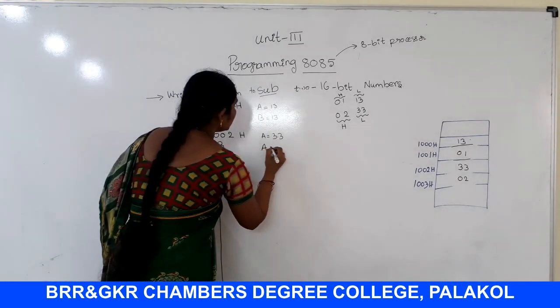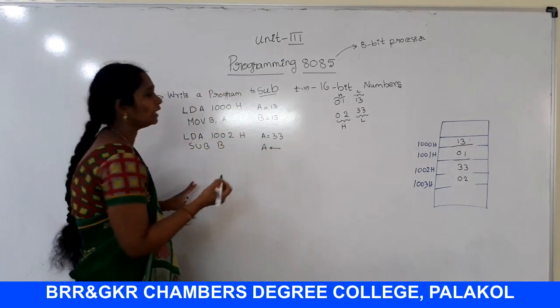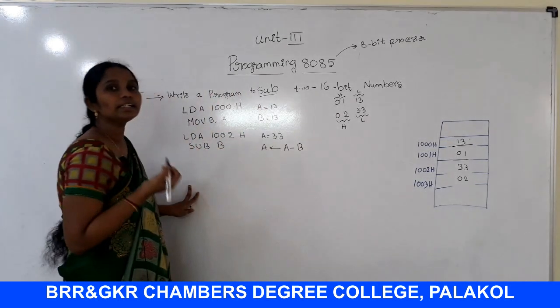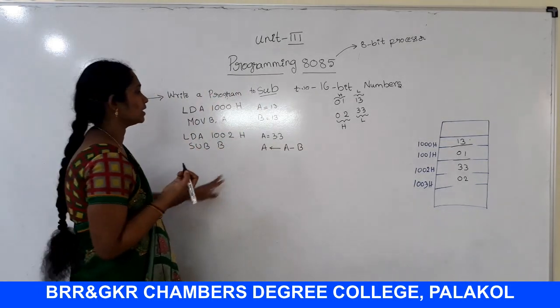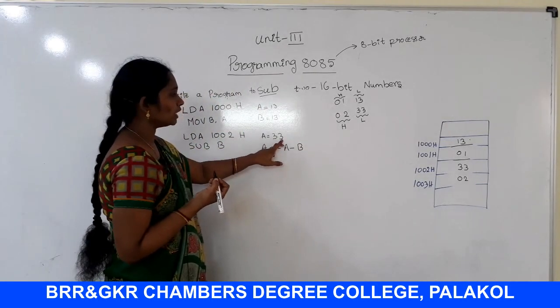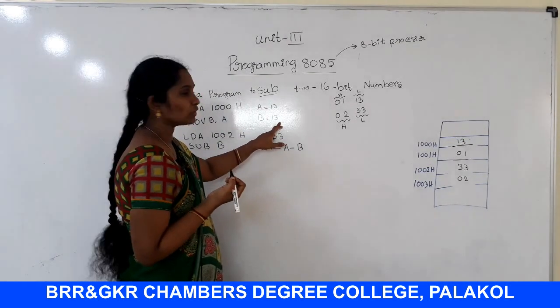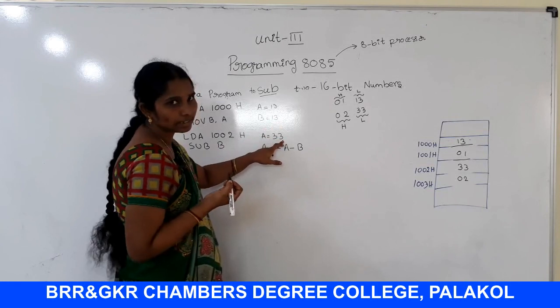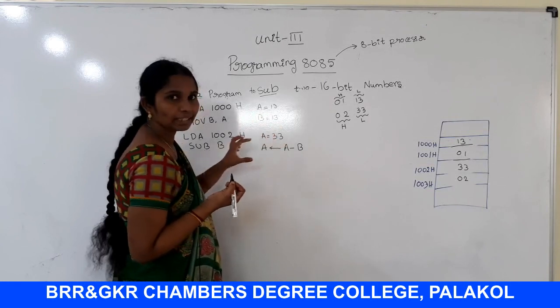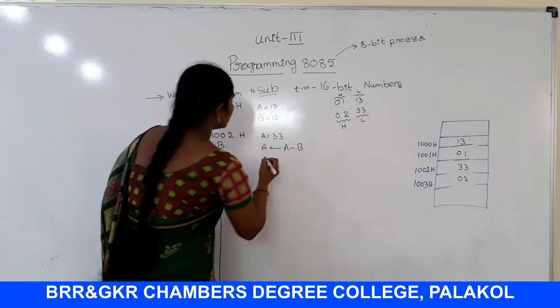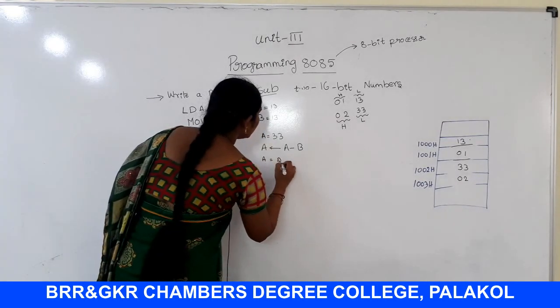The contents of the accumulator are subtracted with the content stored in the B register. The content stored in the A register is 33 and the content stored in the B register is 13. So you have to subtract these two, and A is equal to 20H here.